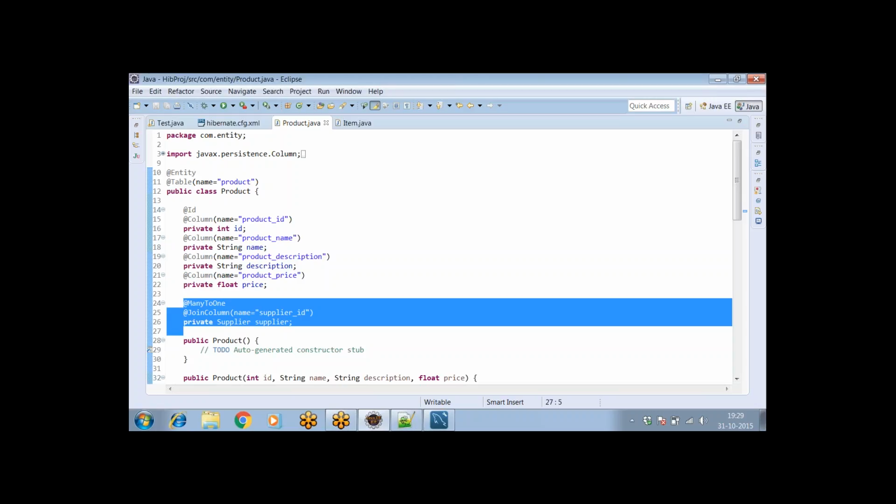What do you people think? Eagerly. Okay, Vani says eagerly. So why do you think Vani, the records are fetched eagerly here this time?